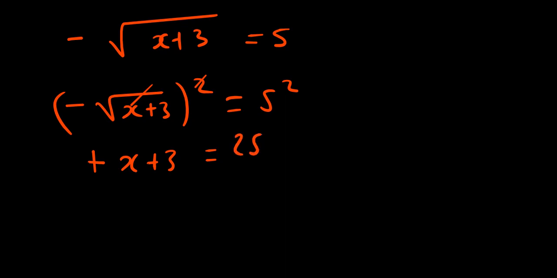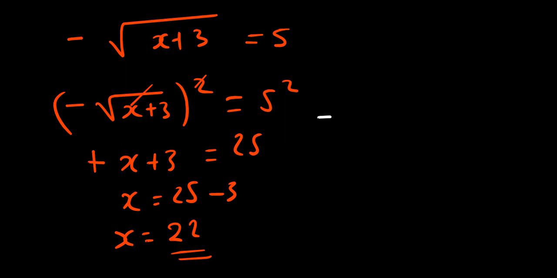Now to make x the subject of the formula, we're going to say x equals 25 minus 3. So x in this case will be 22. Now we have to check if this 22 is really a solution.